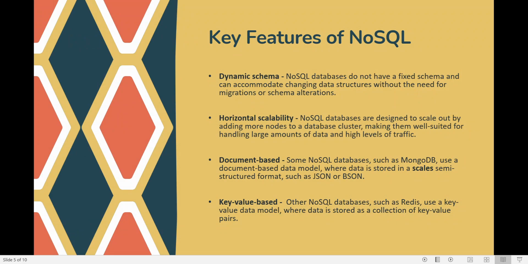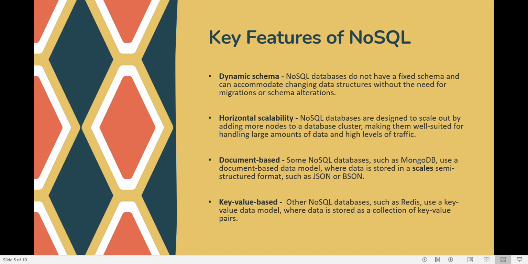Now, key features of NoSQL. What are the key features? First one is dynamic schema. NoSQL databases do not have a fixed schema and can accommodate changing data structures without the need for migration or schema alteration.